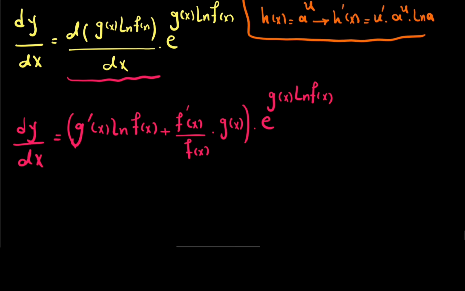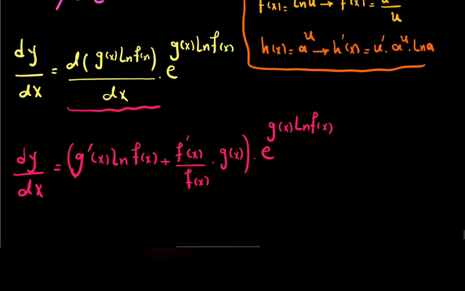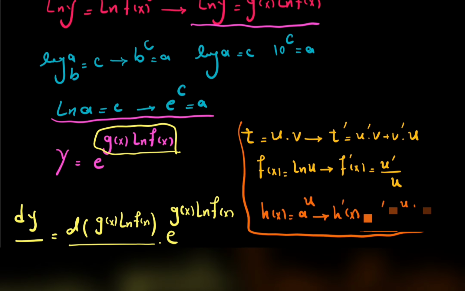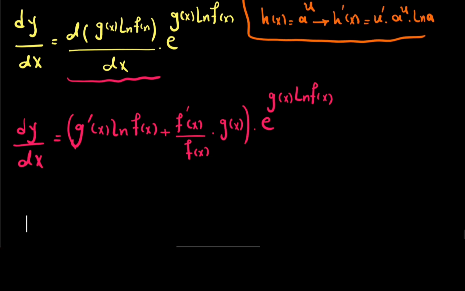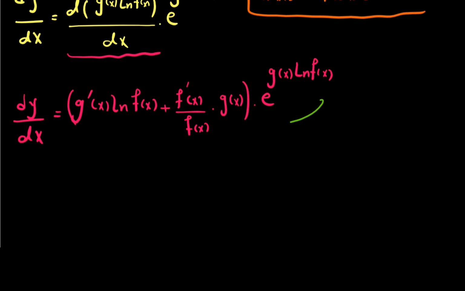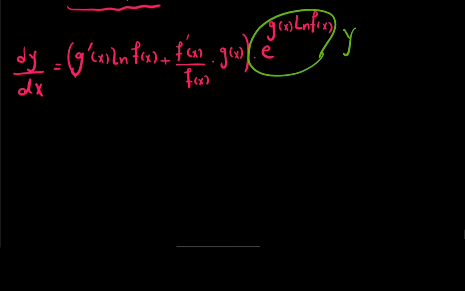But you know that e to the power of g(x) times ln f(x) is equal to y, because I showed you here. That was equal to y. So instead of this function, I can write y. So it means I found the solution.